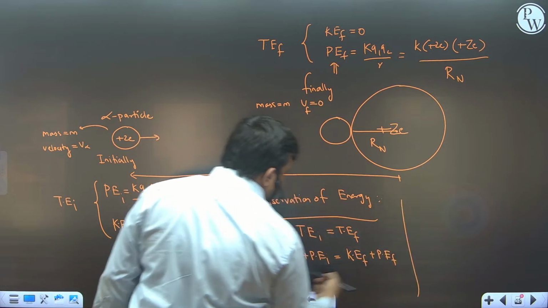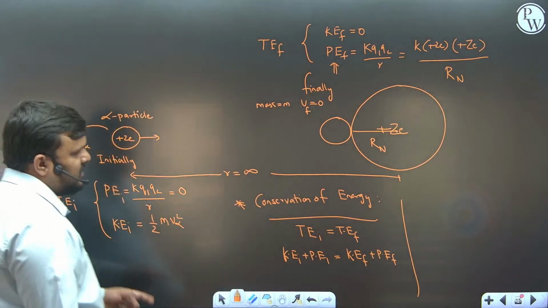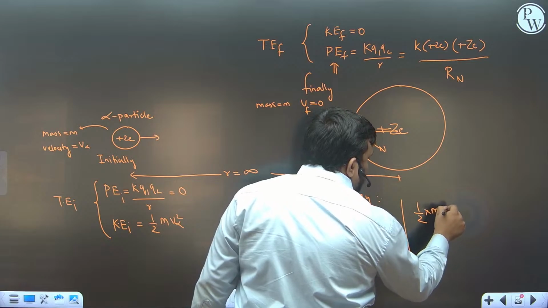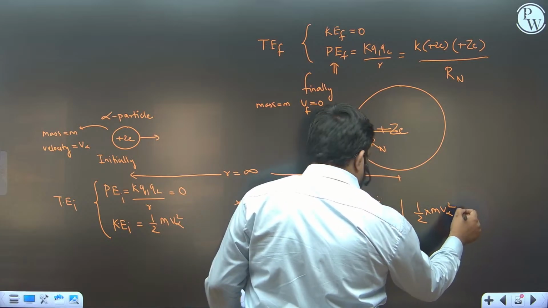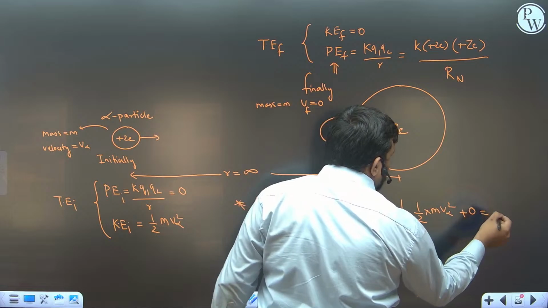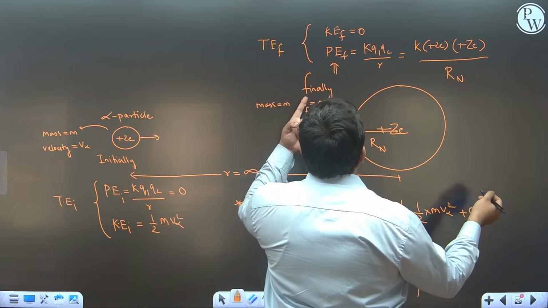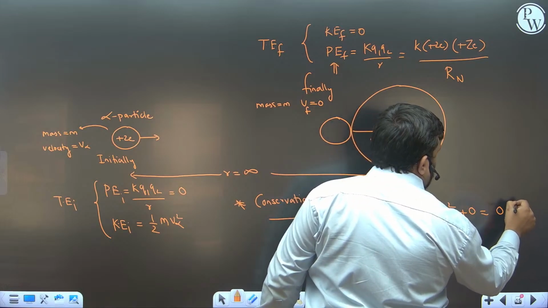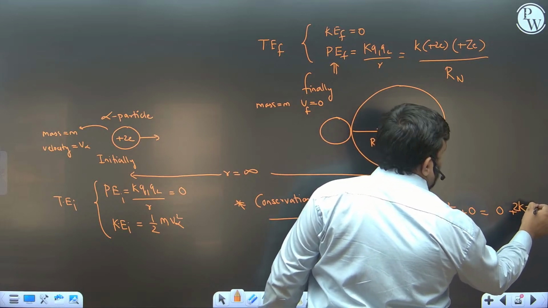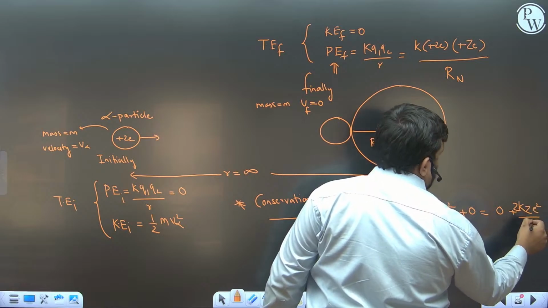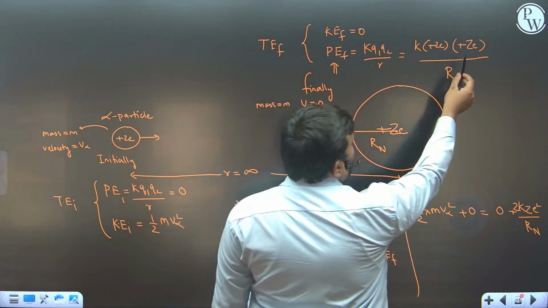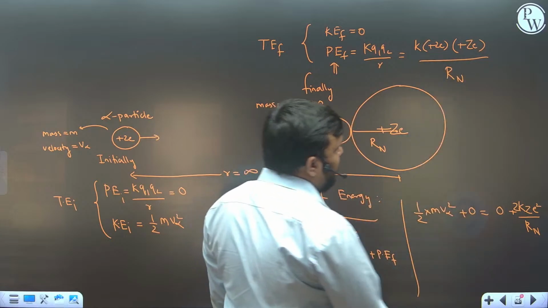So let us put the values over here. Kinetic energy initial is half m v alpha square, plus potential energy initial is 0, is equal to, finally we have kinetic energy 0 plus K into 2 Ze square upon the radius of the nucleus. You can see this will be 2kZe square upon the radius of the nucleus.